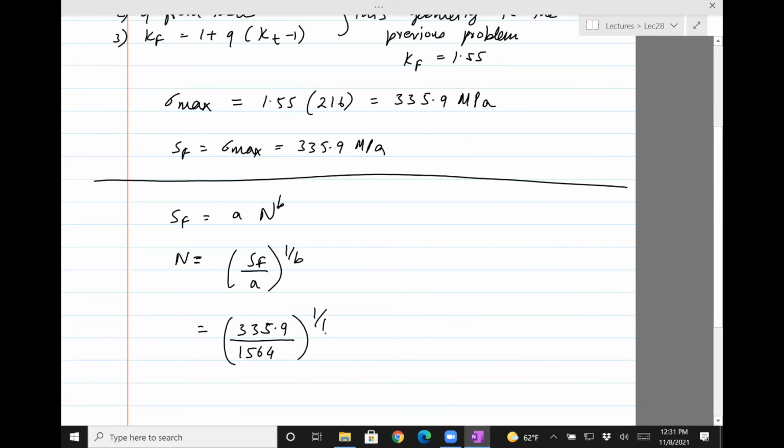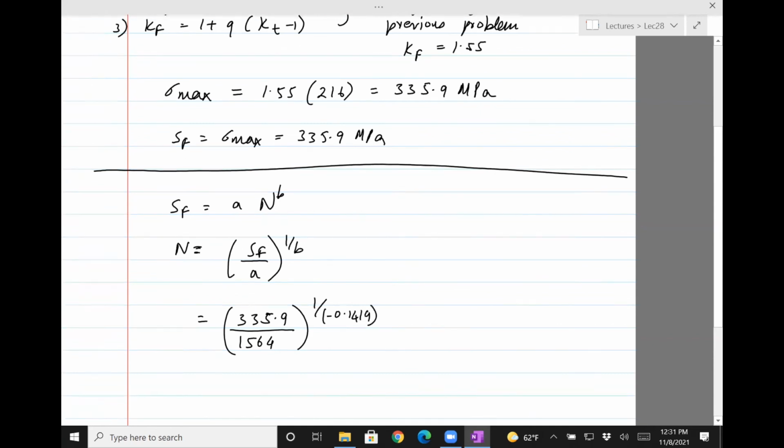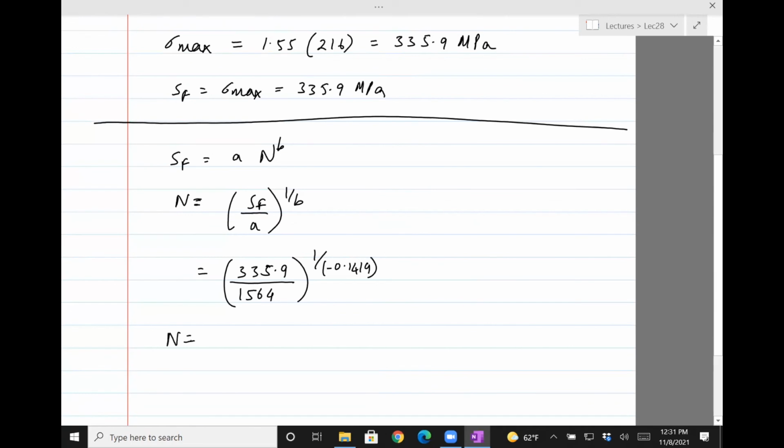B was negative 0.1419. Okay, that gives me n equals 5.1 times 10 raised to 4, which you can also write as 51 times 10 raised to 3 cycles.